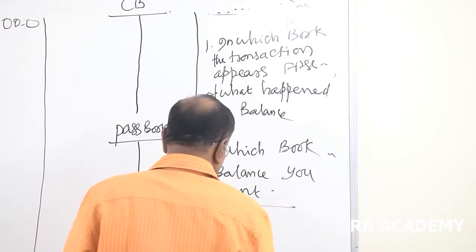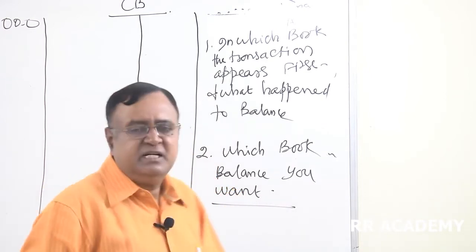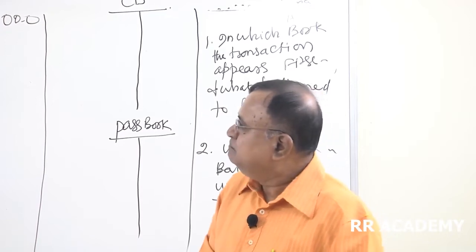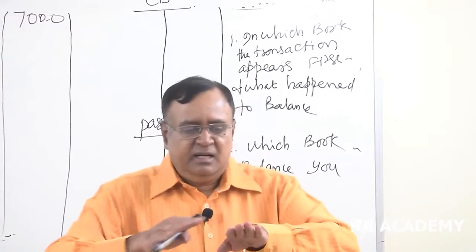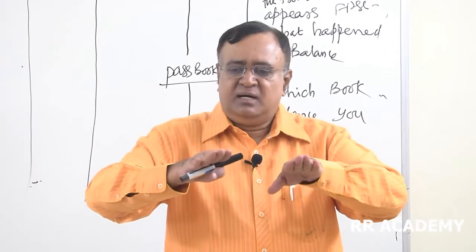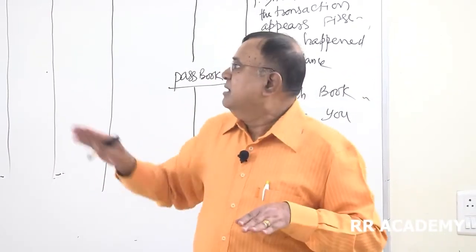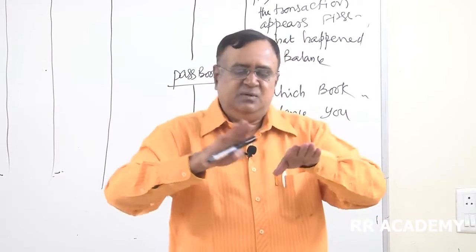That's all. If you answer these two questions, BRS is over. Now friends, please see there. Left hand side cash book, right hand side passbook. Always keep it like this. Fine. Cash book balance 7,000.